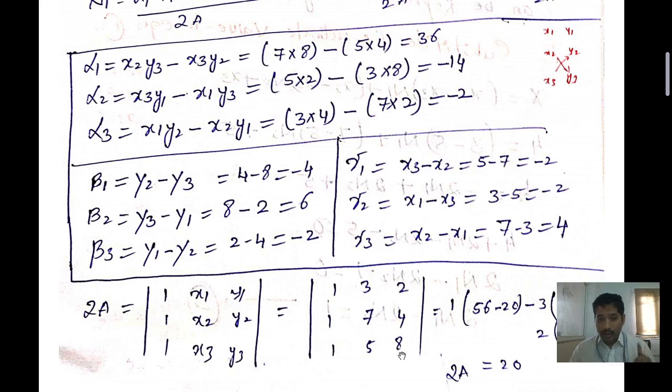After that, remember here in the above matrix you have to represent the signs: positive, negative, positive. Okay, equal to, the first we are talking about the first one. If you are talking about the first one, you need to eliminate this row as well as this column. This first row into this first column. The remaining is 7 into 8 is 56 minus 5 into 4 is 20.